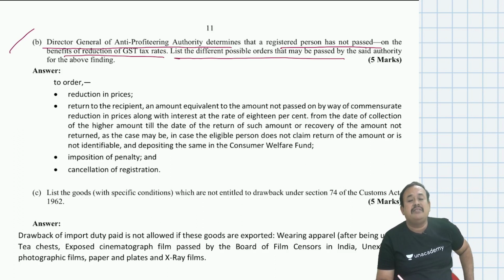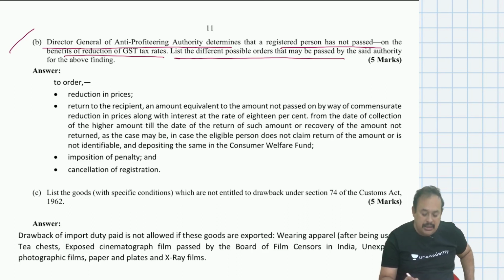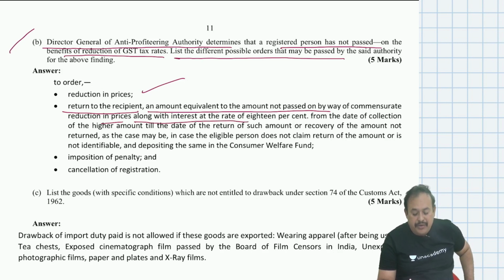Section 171 of the CGST, where the anti-profiteering authority will impose the following: to order reduction of the price, to order return to the recipient an amount equivalent to the amount not passed by way of commensurate reduction in price along with interest at the rate of 18% per annum from the date of collection of the higher amount till the date of return of such amount or recovery of the amount not returned, as the case may be.